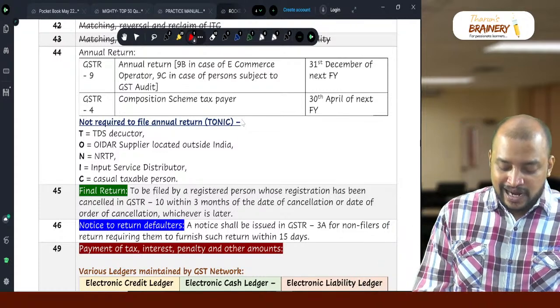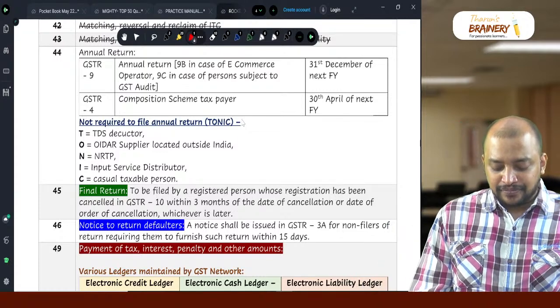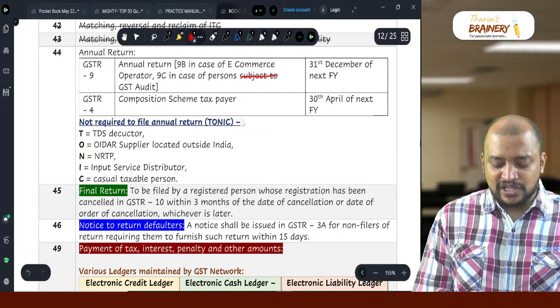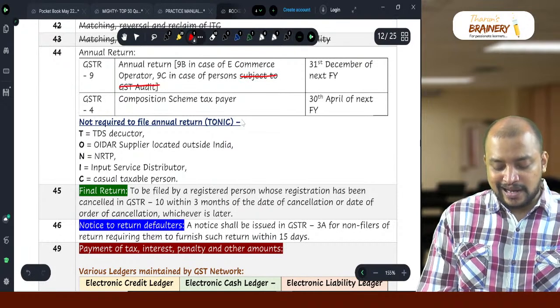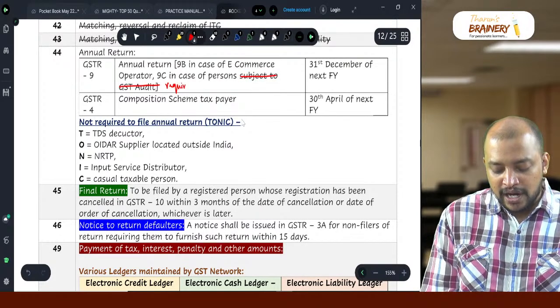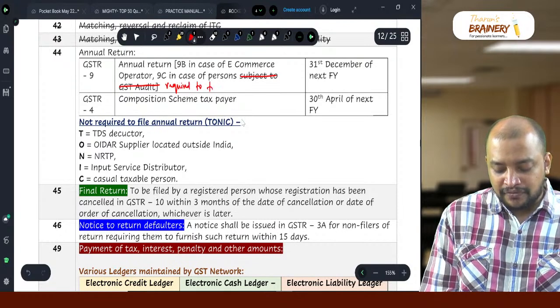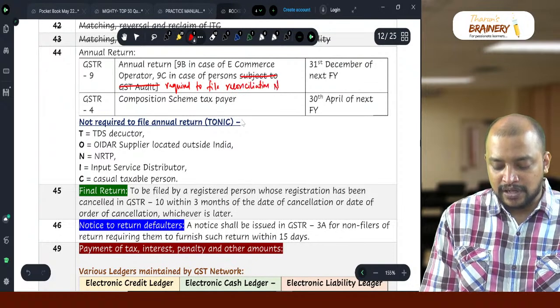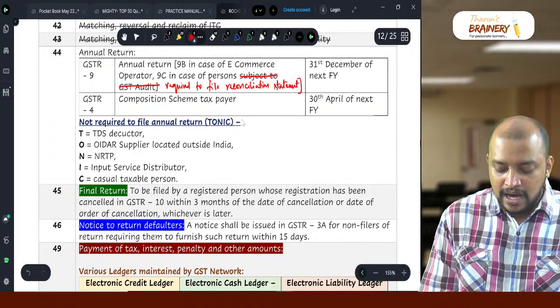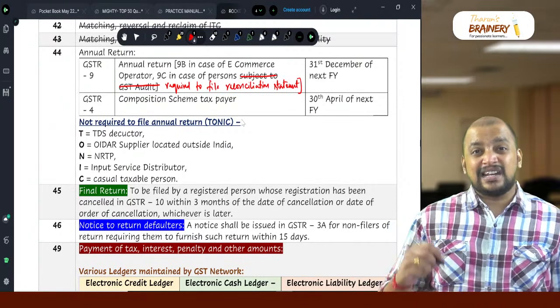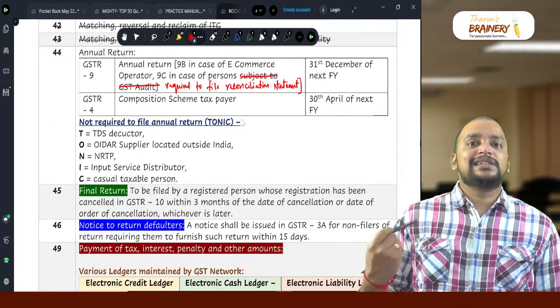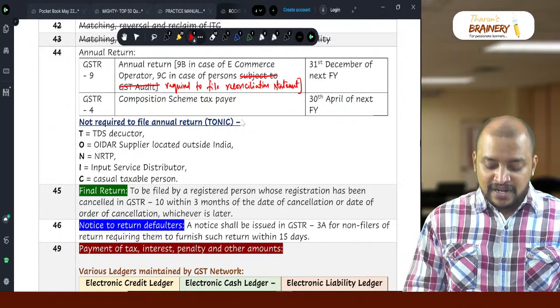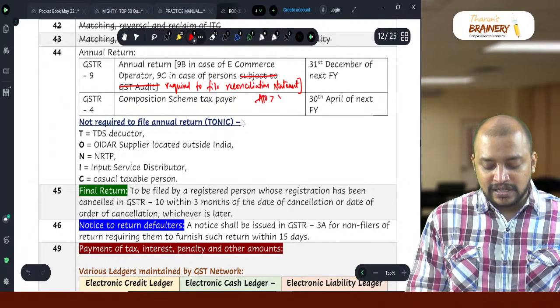So 9C is for persons required to file a reconciliation statement. Reconciliation statement is required to be filed whenever aggregate turnover exceeds 5 crores.